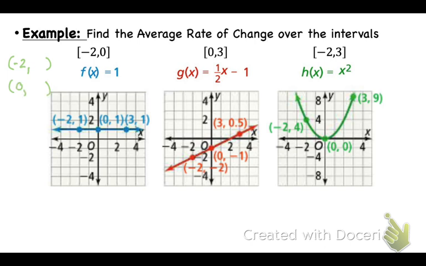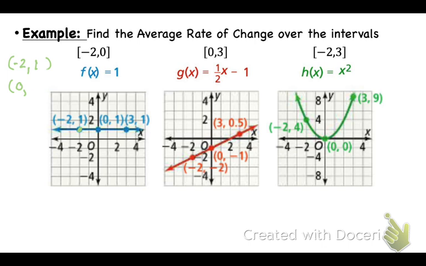Yes? So if I have X's, I have to find Y's. I can look at my graph or I can plug it into my equation, correct? On this one, well, at -2, what's the Y? 1. At 0, what's the Y? 1.